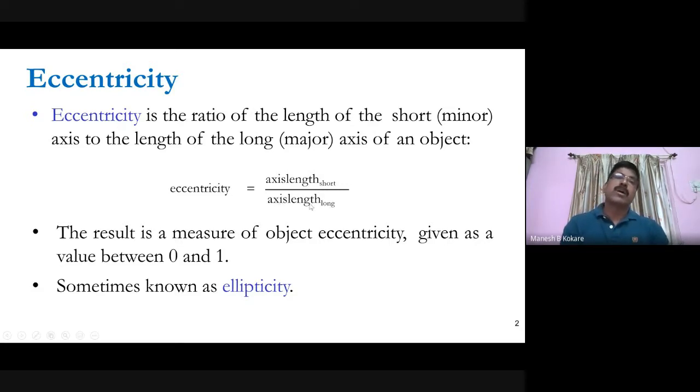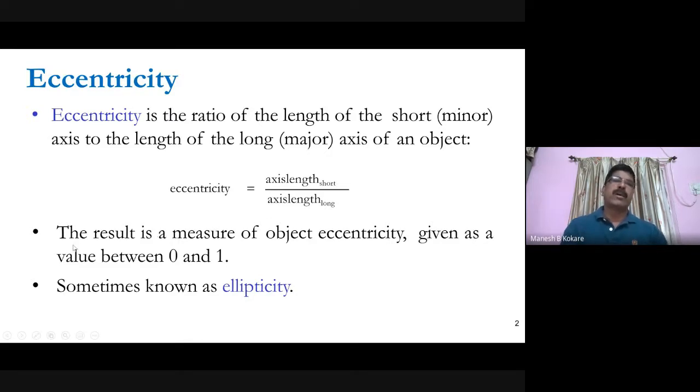Okay, so for the eccentricity value, suppose the minor axis and major axis are the same, then this ratio will be 1. But if the minor axis is smaller and the major axis is larger, then this value will be between 0 and 1. If it is basically 0, then whatever your major axis may be, the eccentricity value will be 0.